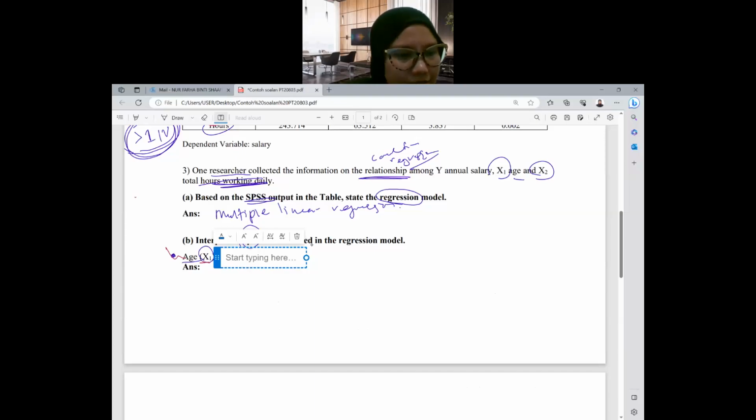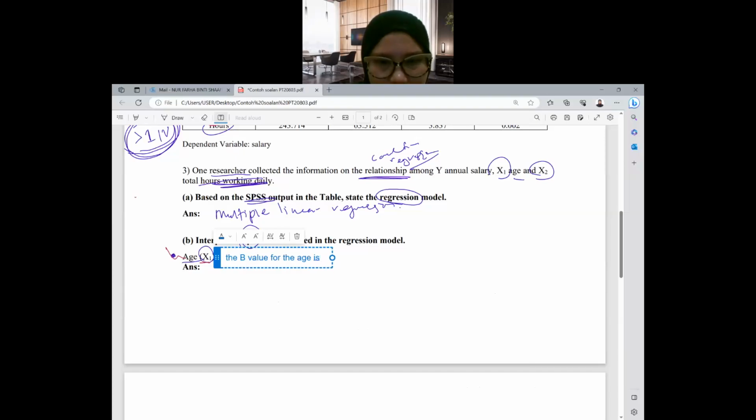The beta value for the age, how much was it just now?